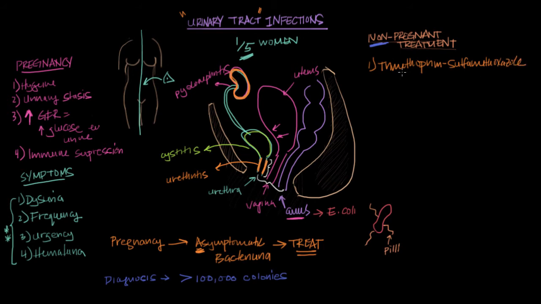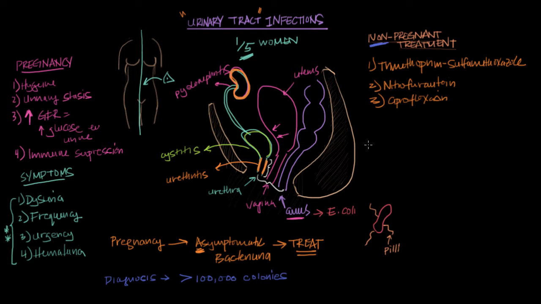I know it's a mouthful. And that's a very popular treatment. Another popular treatment is nitrofurantoin, right? And a third popular choice is ciprofloxacin. Okay. And there are other less commonly used antibiotics also available for your choice.